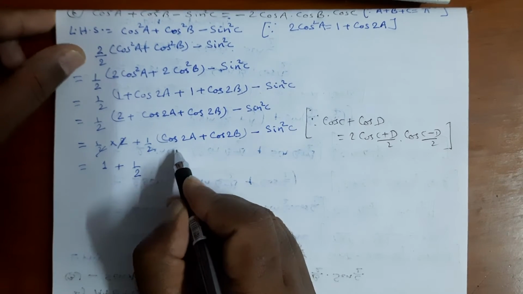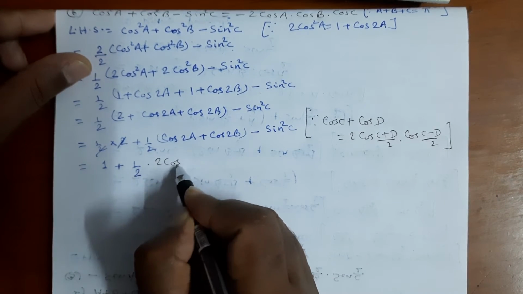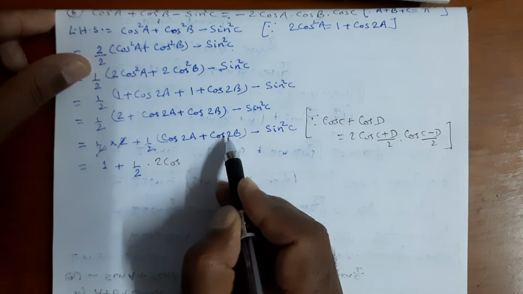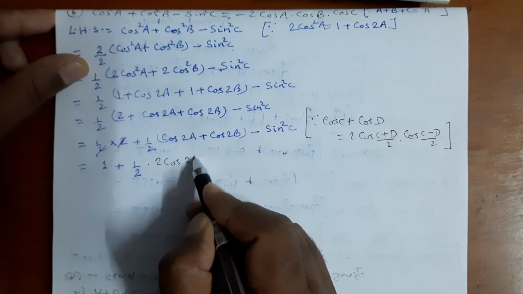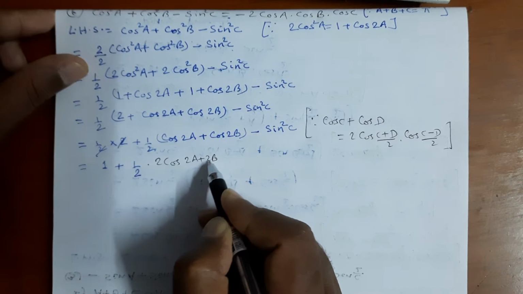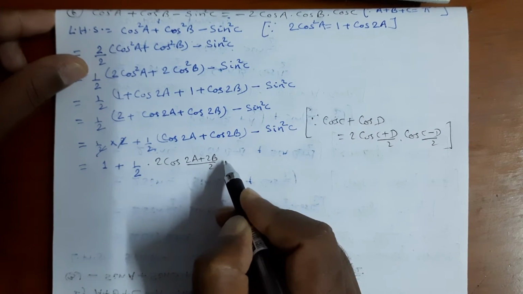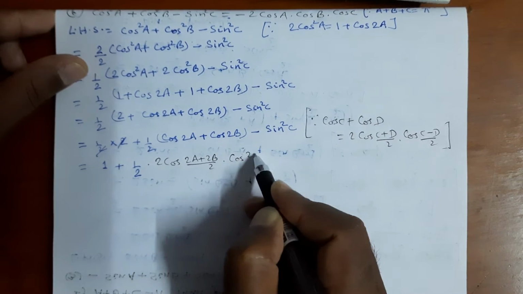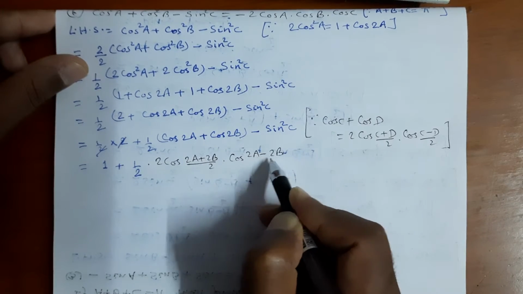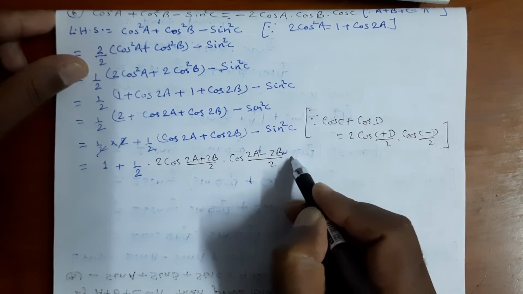Using that formula, in place of c we have 2a and in place of d we have 2b, so it is 2 cos of 2a plus 2b over 2 times cos of 2a minus 2b over 2, minus sin square c at last.